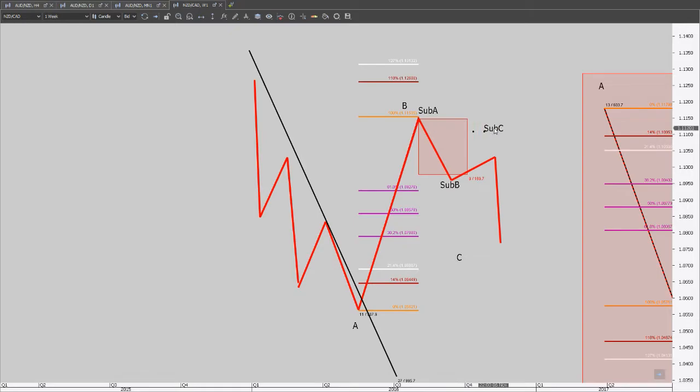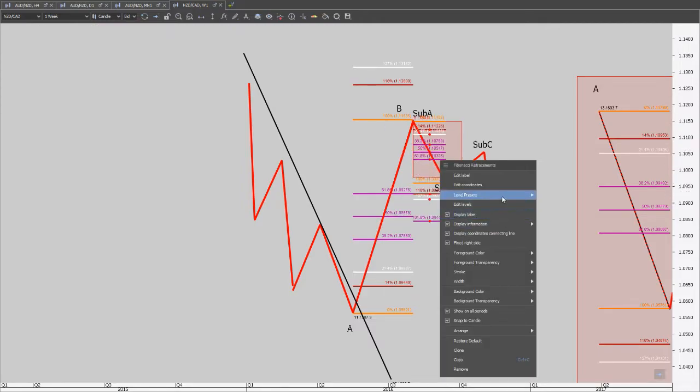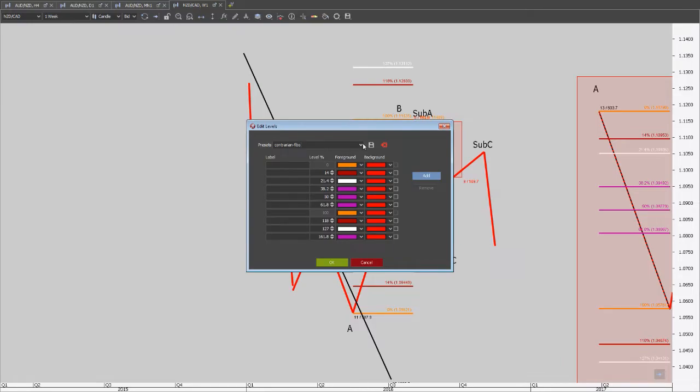Sub B is the first low as soon as possible after the sub A. The sub C is the highest point inside the sub A and sub B boundary after the sub B, right? And we need to draw and color code it differently.